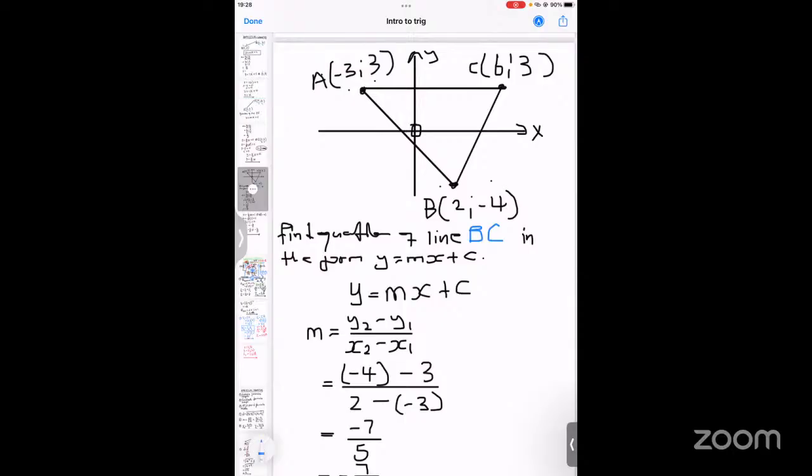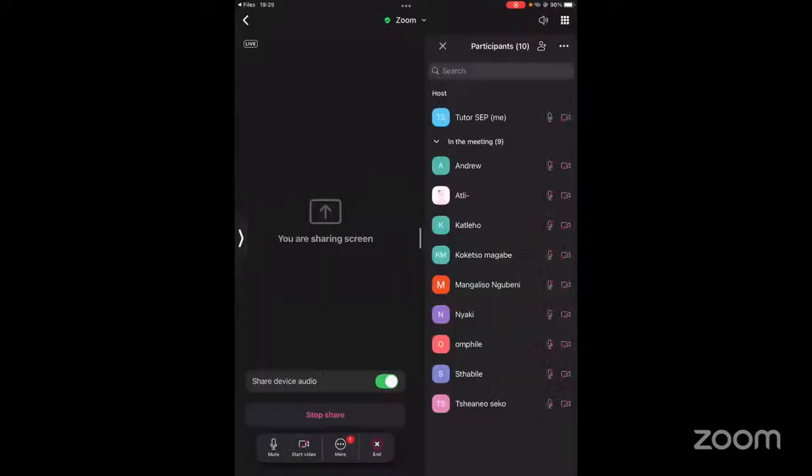Then I will check it. The first few to submit, I will check those, and then from there we do the corrections. If there's still time, we will check how exam questions are asked. Then on our next lesson, we will do exam questions.